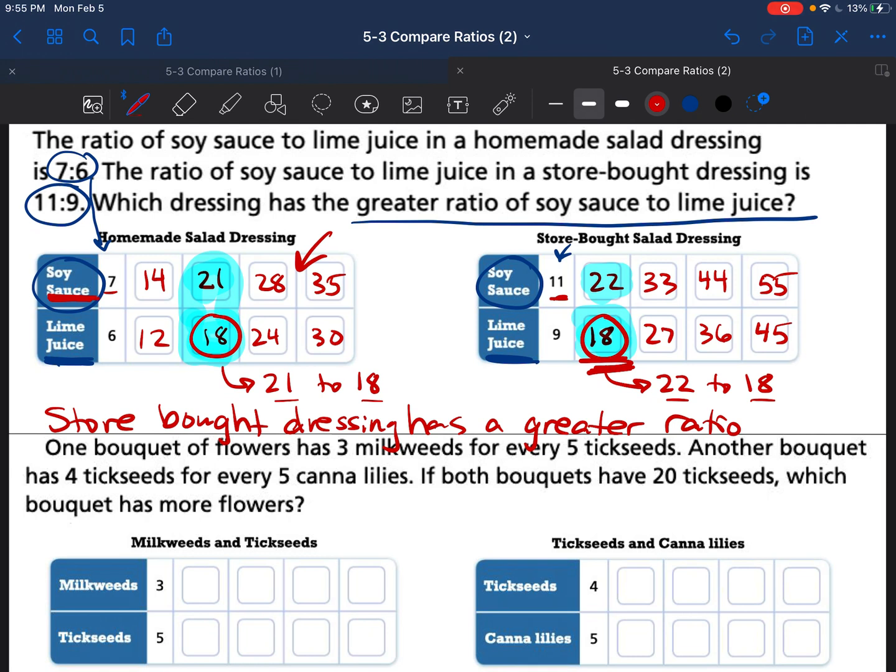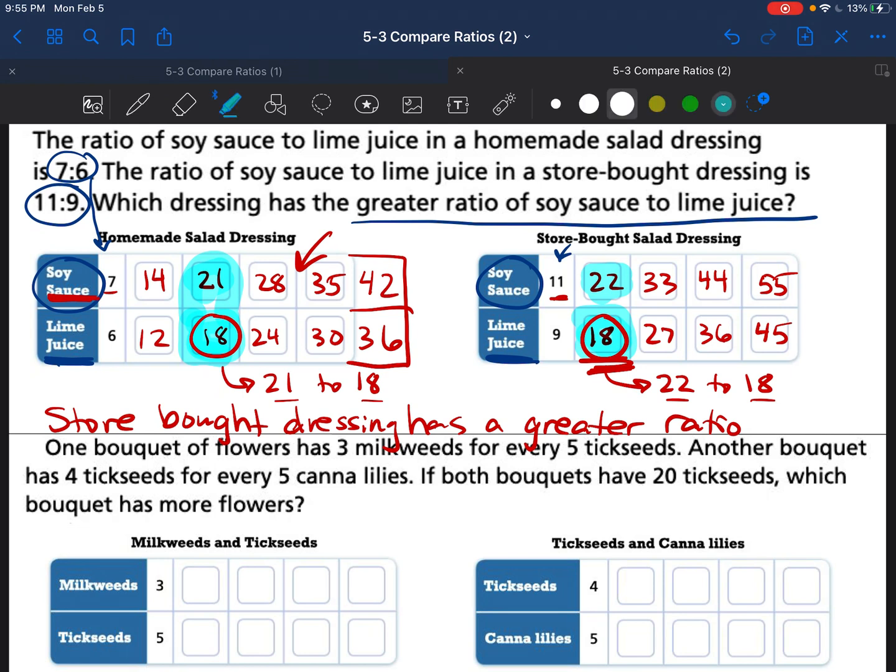Now, let's say, for instance, we couldn't find a number they had in common. Well, just like when you're finding common denominators and you don't find a common denominator within the first 5 multiples, you would continue. And in this case, let's say if we did continue our chart, we would get 36 here, and then we would get 42.